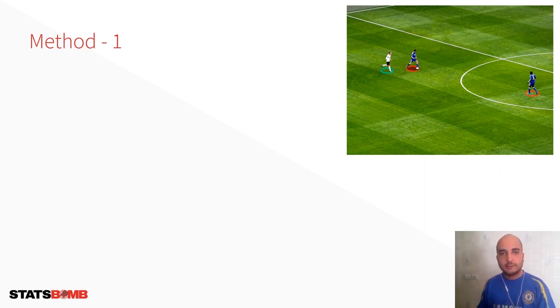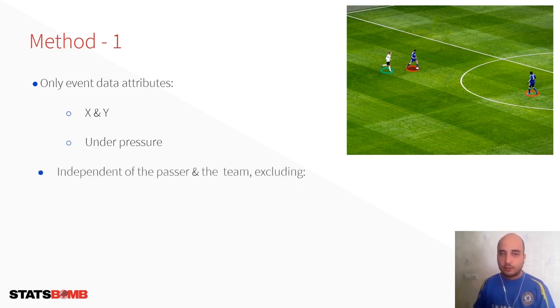Okay, let's see the different methods that we explored. The first one is based only on the event data attributes that we have. So focusing only on the X and Y coordinates and whether the pass was under pressure or not, we want to see how our model performs.